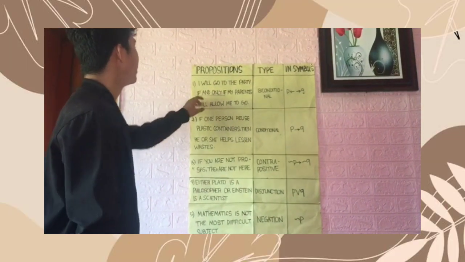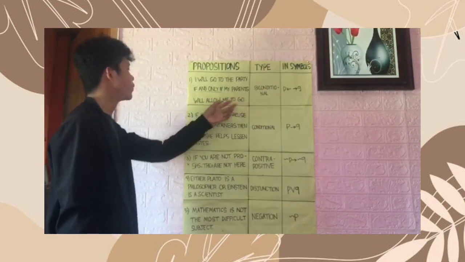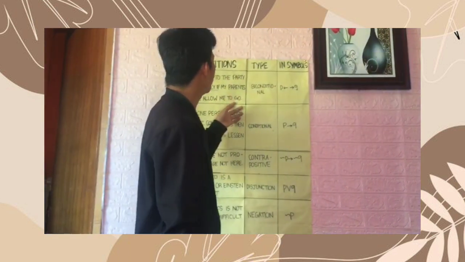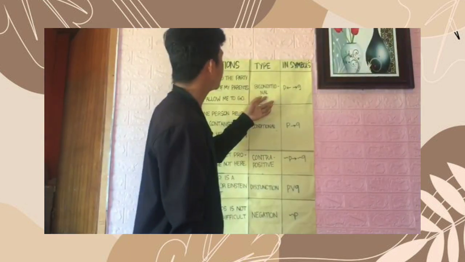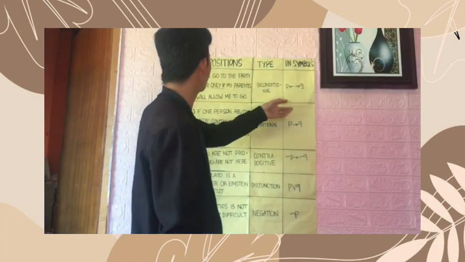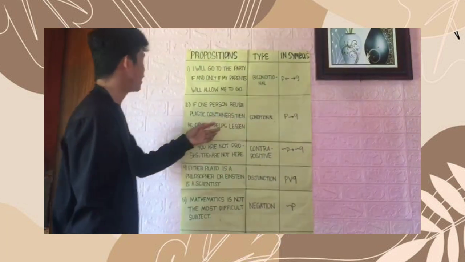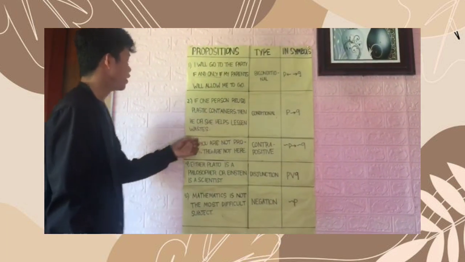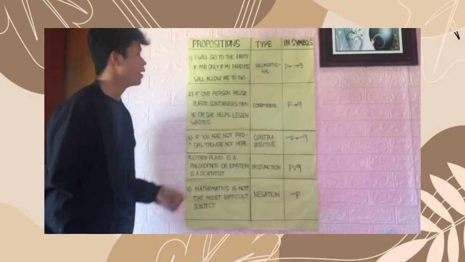Propositions. Number 1. I will go to the party if and only if my parents will allow me to go. The type of proposition is biconditional, in symbol P if and only if Q. Number 2. If one person reuses plastic containers, then he or she helps lessen waste.